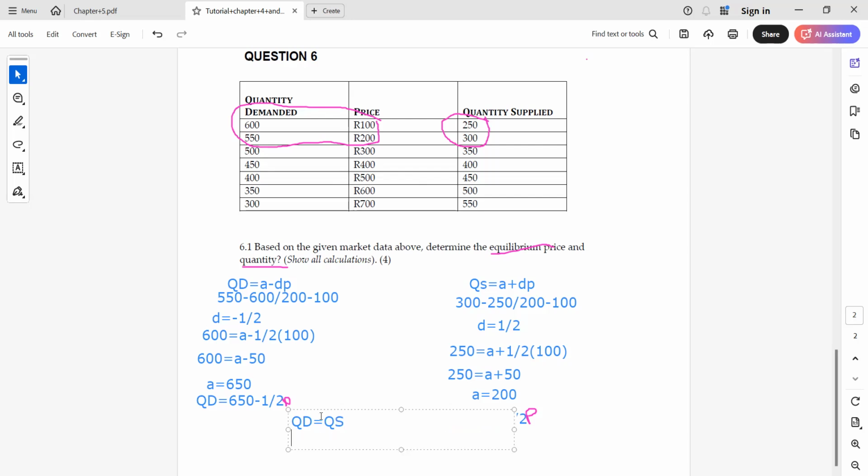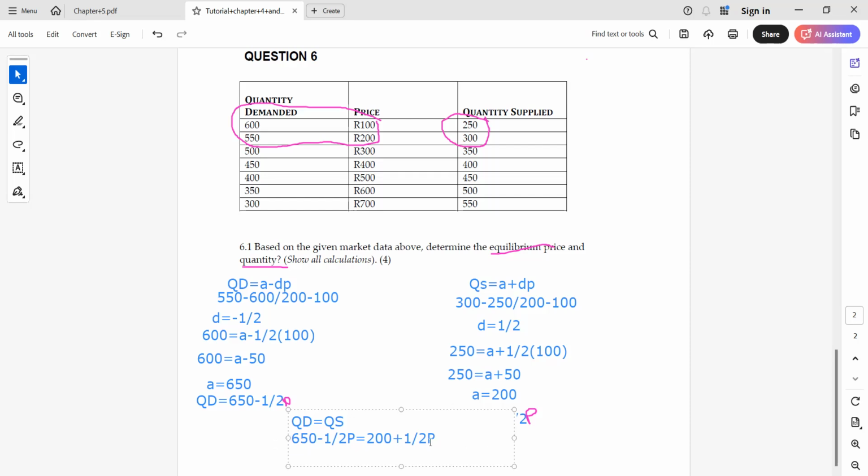And then the equation for quantity demanded is 650 minus 1/2 P, which is equal to quantity supplied, which is 200 plus positive 1/2 P. I'm forgetting the P's, P and then also P.